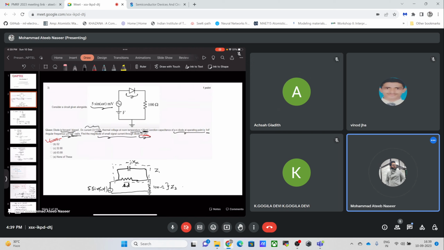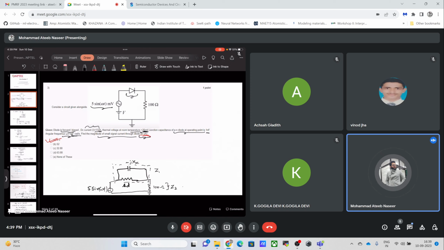What we have basically done in this problem is simply use this diode model. We have simply replaced this diode. We know that this PN junction will have some resistance associated with it. That is one thing. And the second thing is we will have the capacitance associated with this PN junction as well.